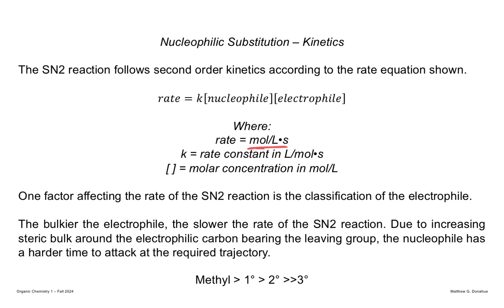So what is the take-home message for this slide? The rate of the SN2 is really classified by the nature of the electrophile.